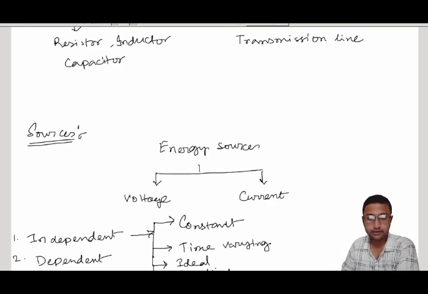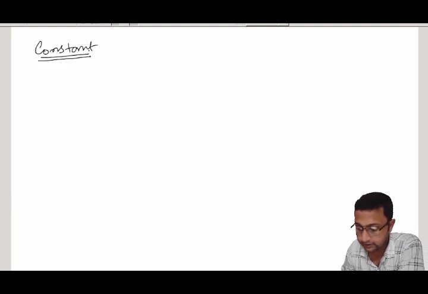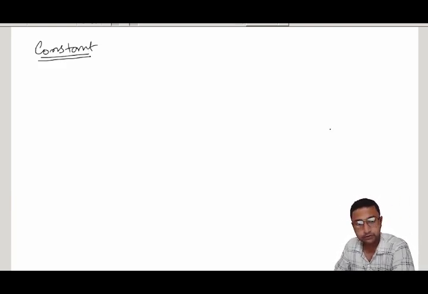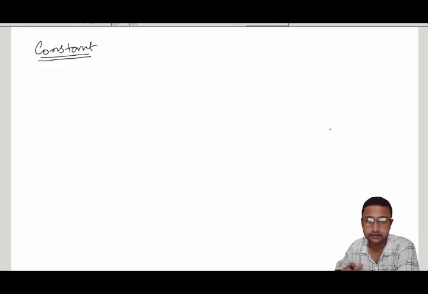At first, what is a constant voltage source or constant current source? It is also called time invariant. That means an independent voltage source or independent current source whose output voltage or output current remains constant throughout the entire operation of the circuit.